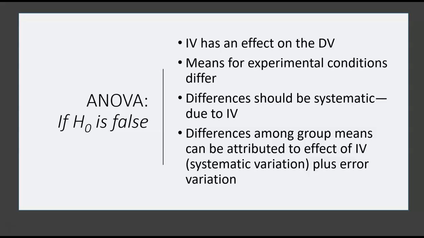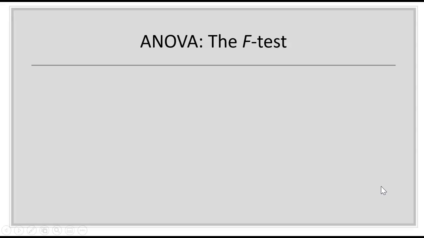Differences in means, this is our goal. We want there to be systematic variability in the means based on hypothesized effects of the independent variable, but we do have to factor in the error variation that's associated with within groups error.